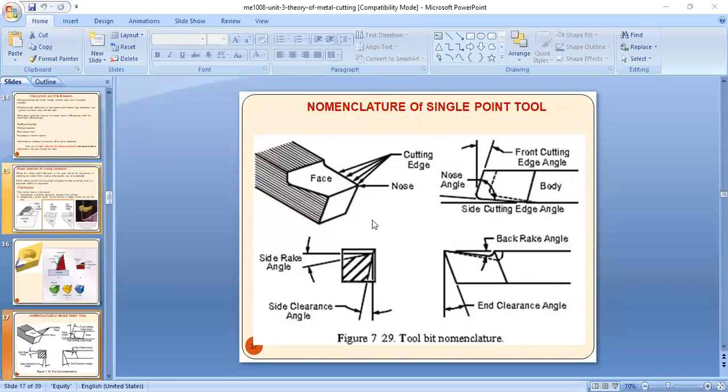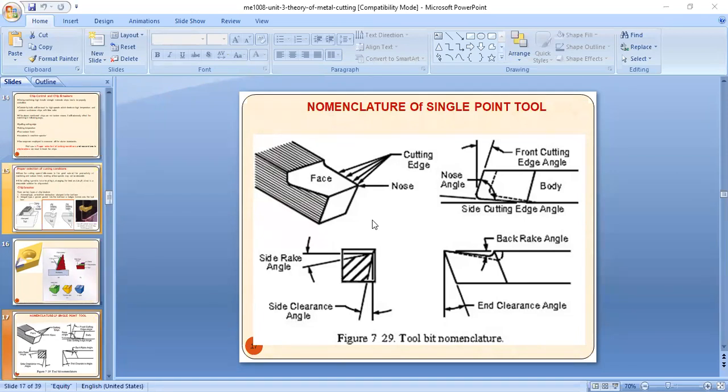So what is the significance of the back rake or the rake angle? It allows the chips to flow in a continuous, convenient direction away from the cutting edge, what I mean to say. And it reduces the chip pressure on the tool face, and consequently it improves the surface finish of the workpiece.